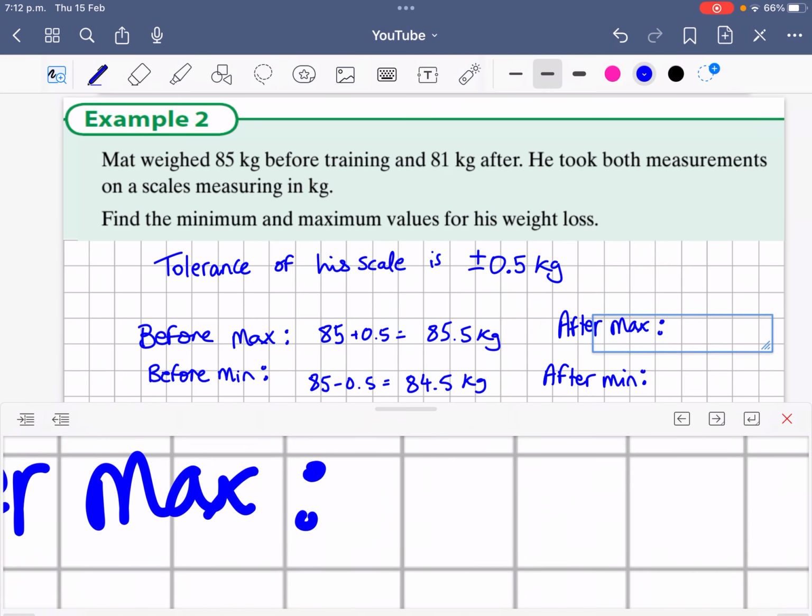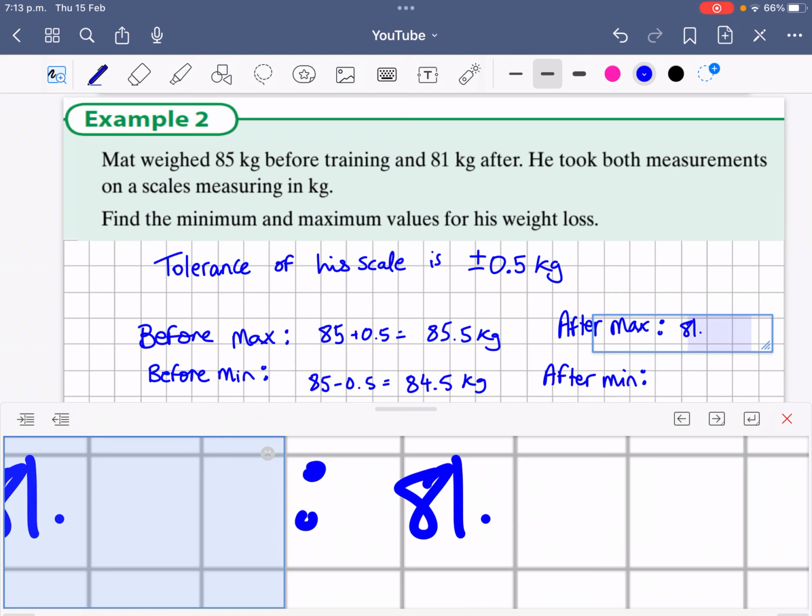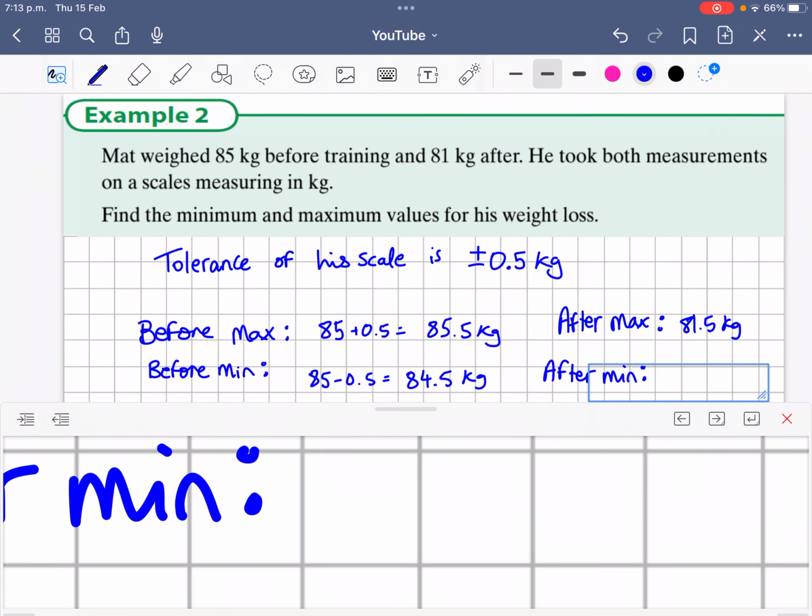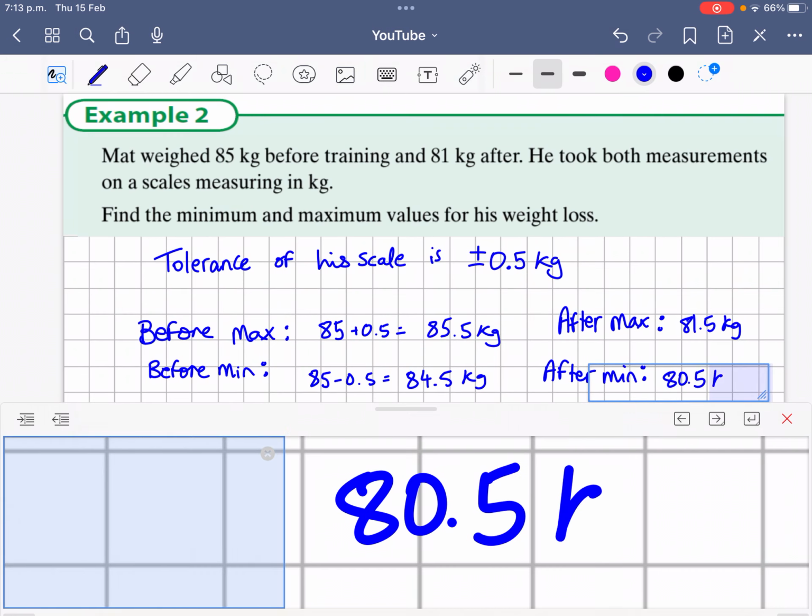Well, using the same idea, 81 add on 0.5, we get 81.5 kg, and 0.5 taken away from 81 would give us 80.5 kg.